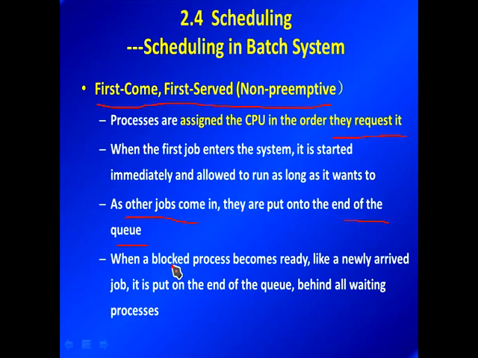Another occasion is to wait for something. Maybe it needs to get into its critical region, or it needs to read something, or get some input data, or output some data, and then it doesn't need the CPU anymore, so it will block itself and get out of the CPU.